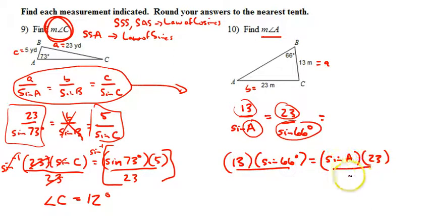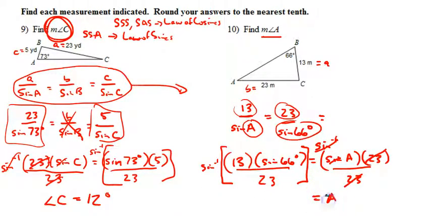Divide both sides by 23 so as to get the sine of A all by itself. But I don't want the sine of A, I want the angle A, so I have to take the arc sine of this side. Arc sine will wipe out sine. Angle A is the arc sine of 13 times sine of 66 degrees divided by 23.